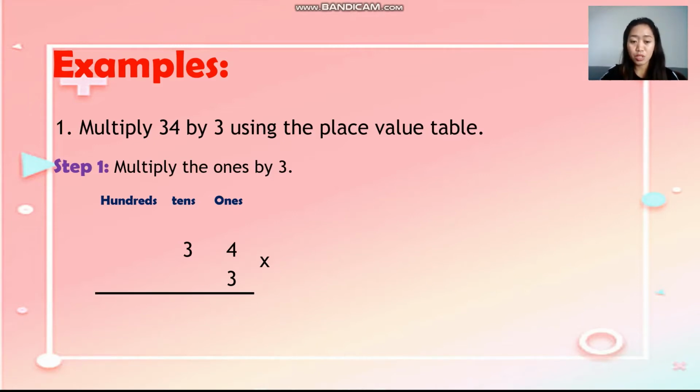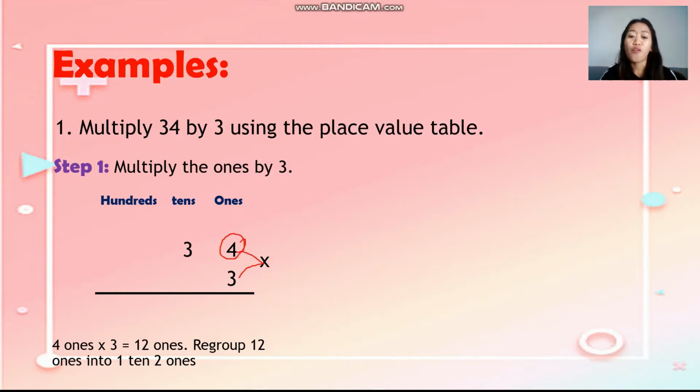First we multiply the 4 ones times 3, which equals 12. We write the 2 in the ones place, and we carry over the 1 in the tens place.